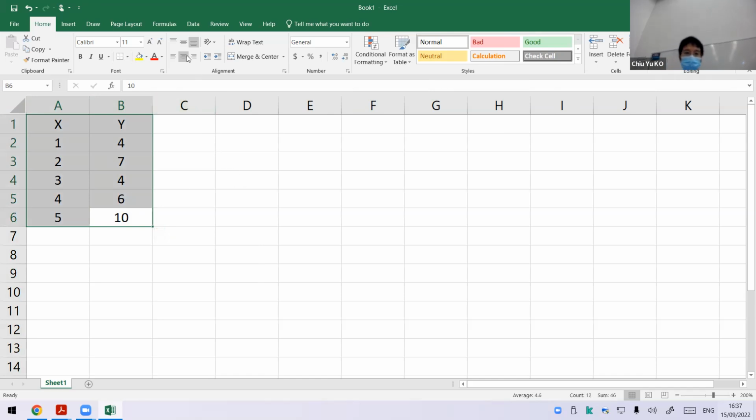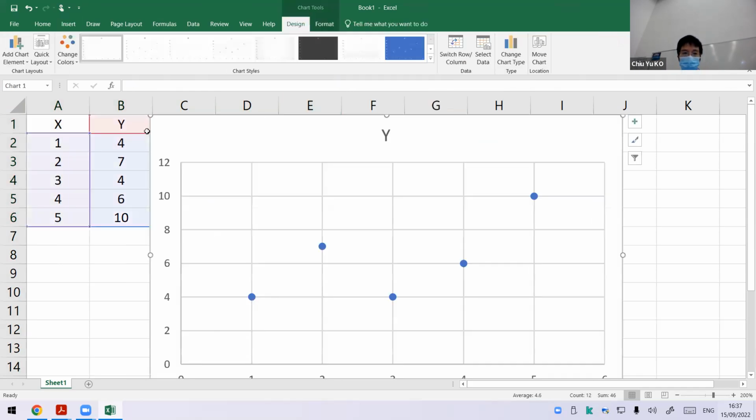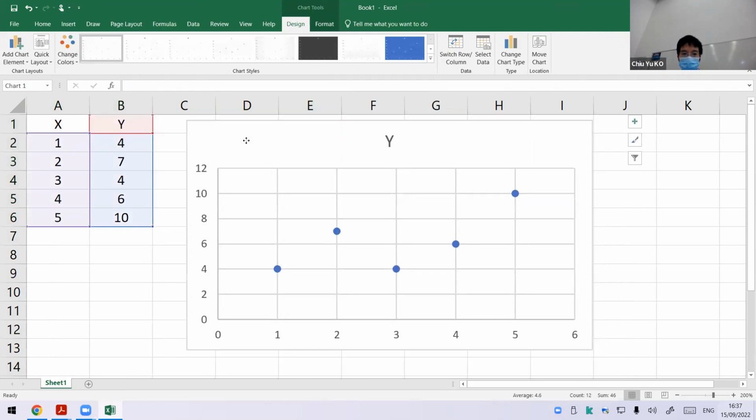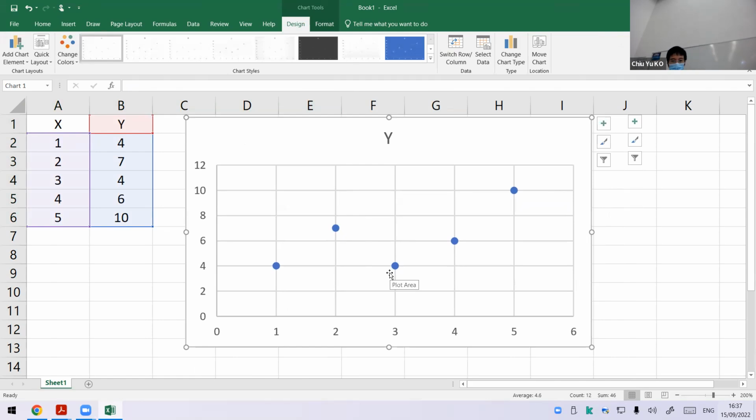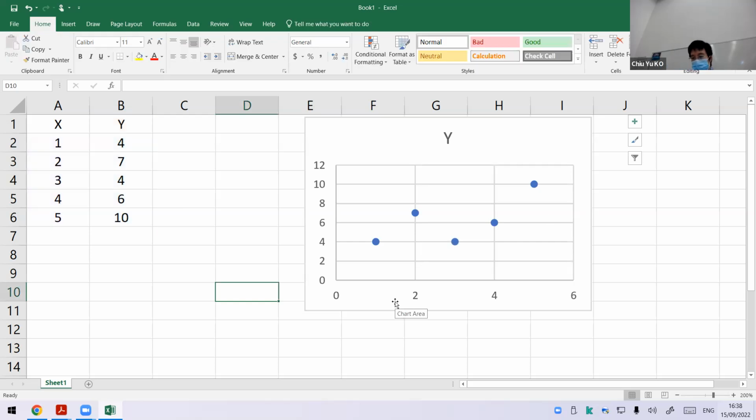Then go to Insert, and the good thing is that scatter plot is already in the recommended chart types. Check scatter plot, and you can see it is there immediately. This is the easiest way to construct a scatter plot. Let me put it to the side. This is a scatter plot, very simple; I don't think I need further discussion on this.